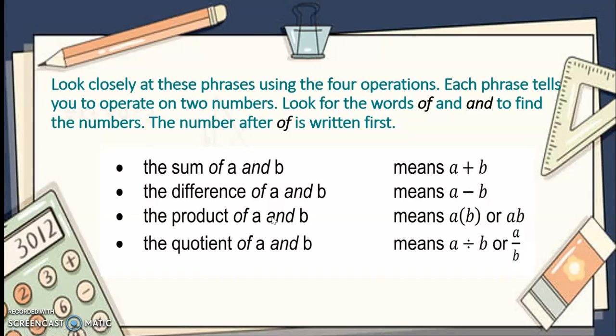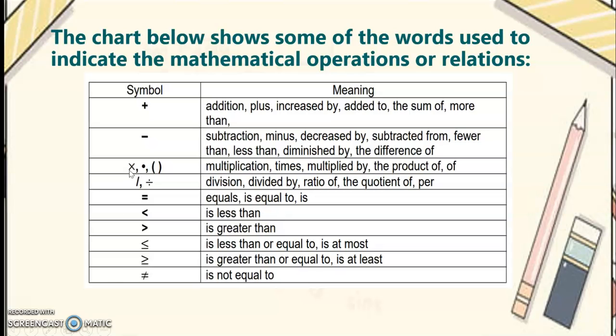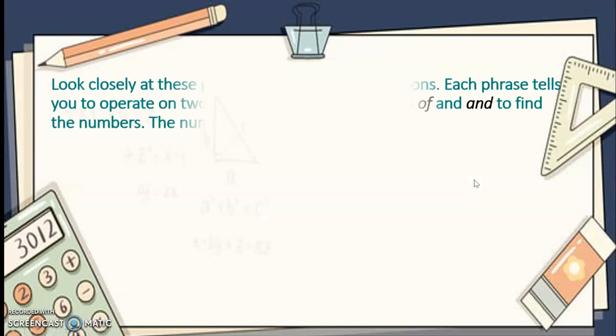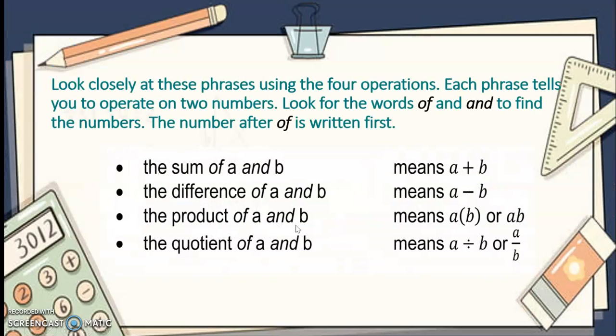Another, the difference of A and B. Difference means subtraction or minus. So A minus B in symbol. The product of A and B means, if you remember earlier, for the product we can use x, dot, and open and close parentheses: multiplication, times, multiplied by, the product of, or of. So the product of A and B means A times B, written together. In an algebraic expression, once variables are written together, their operation is multiplication.